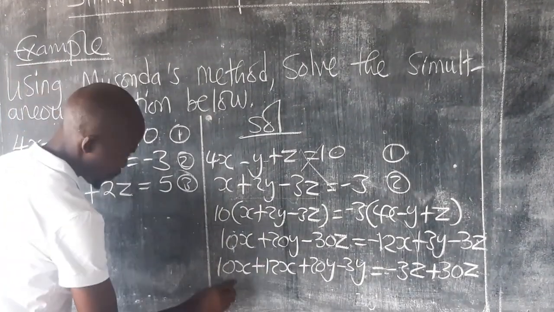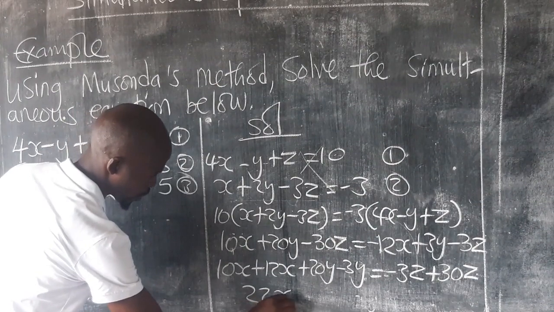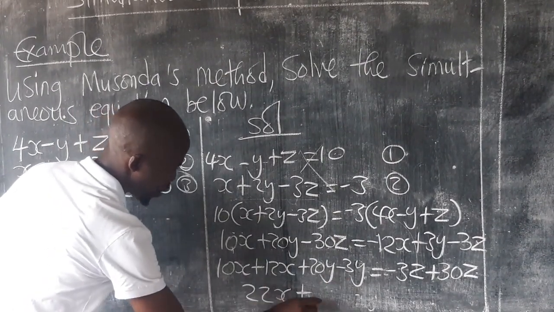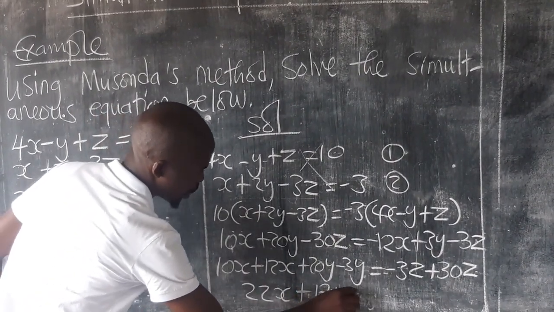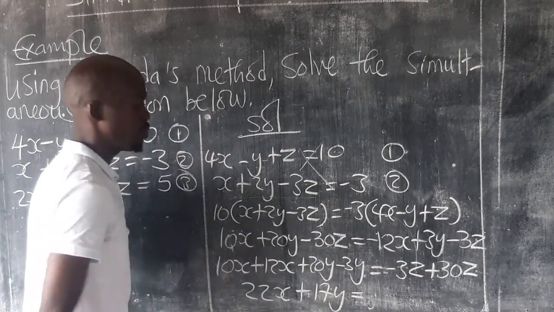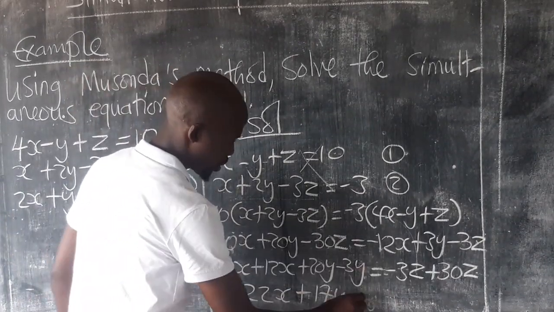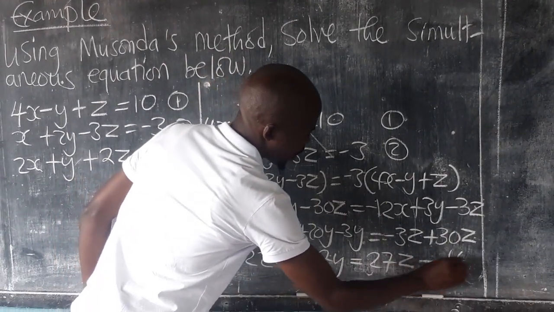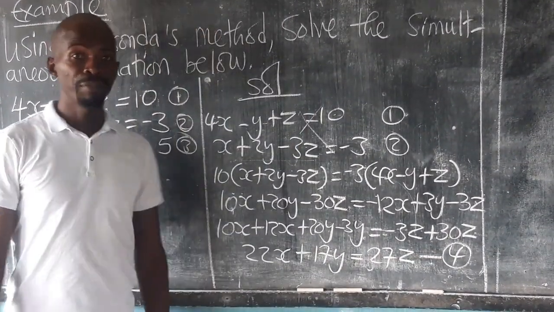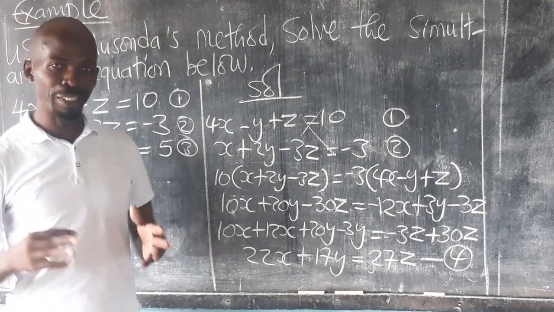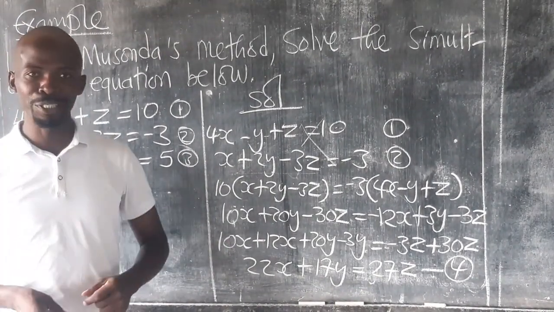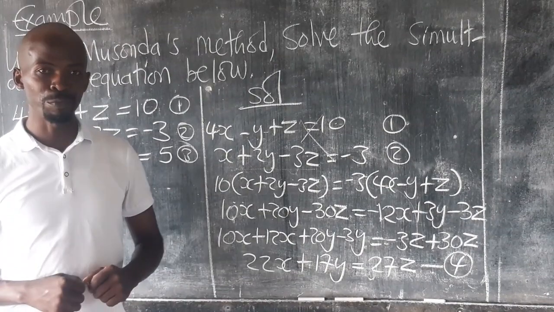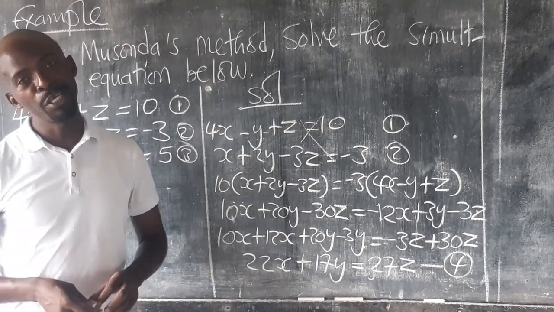Further, we simplify, that becomes 22x plus 17y equals negative 3z plus 30z, that is 27z. This is my 4th equation, awaiting its partner, the 5th equation, which will be solved with this simultaneously to find the first 2 variables.